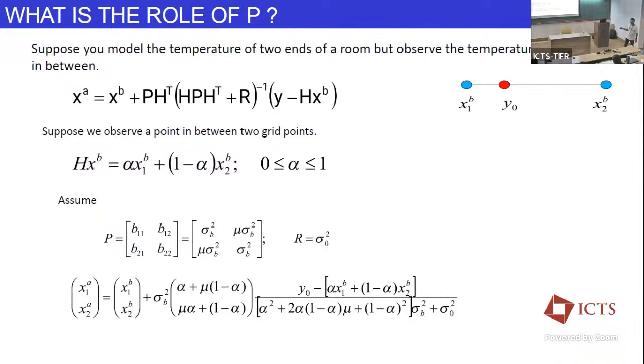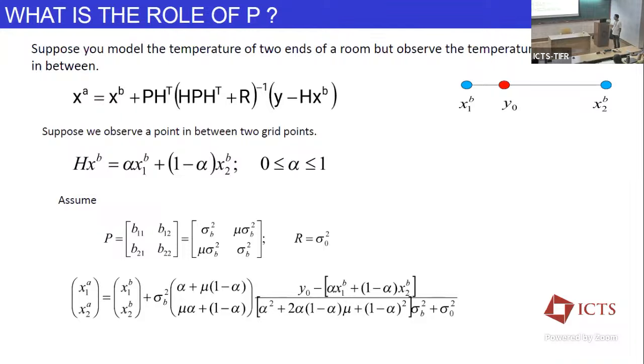So you can analytically compute this and you can find your analysis state vector to be something like this, provided you choose your model error covariance, which is anyway a symmetric matrix, with sigma b on the diagonal and your off-diagonal elements to be some factor mu times sigma b square. Okay?